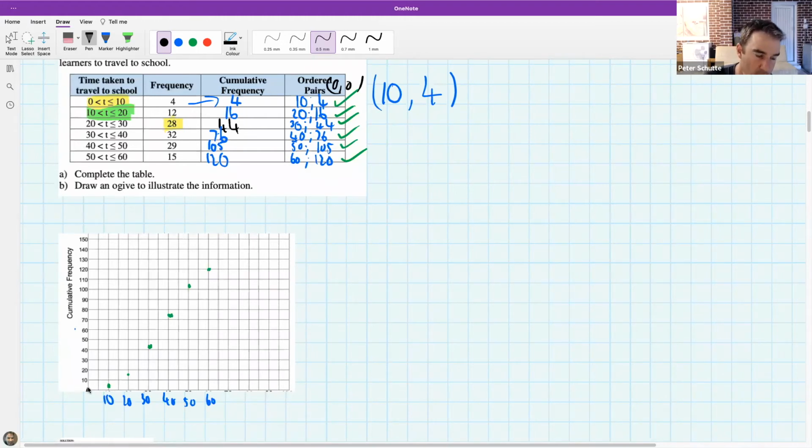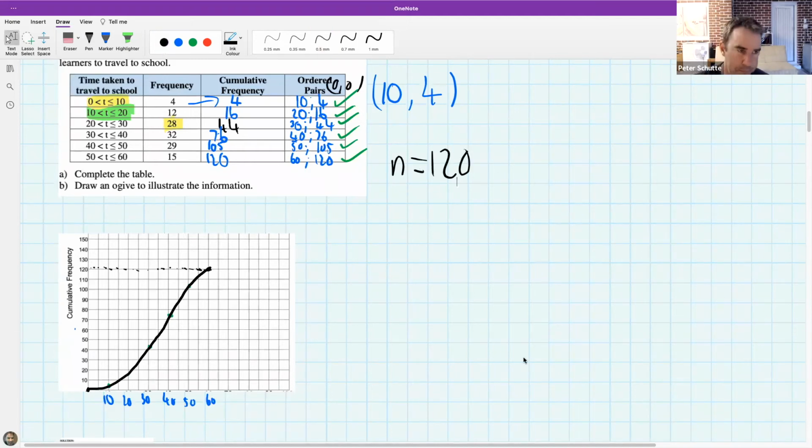And then we add that extra point so that we start at 0, and then we join these points not with straight lines, but with curved lines. And the highest point I'm going to get to is a cumulative frequency of 120. And 120 is basically our N value for this particular setting.